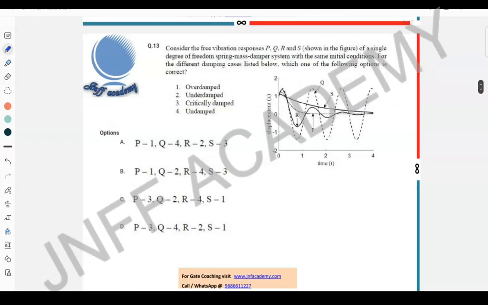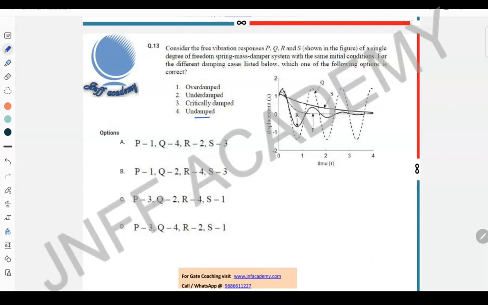Next, consider the free vibration responses P, Q, R and S shown in the figure of a single degree of freedom spring mass damper system with the same initial conditions. For the different damping cases listed below, which one of the following options is correct? Overdamped, underdamped, critically damped and undamped.